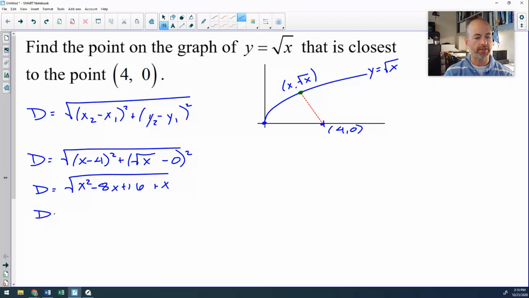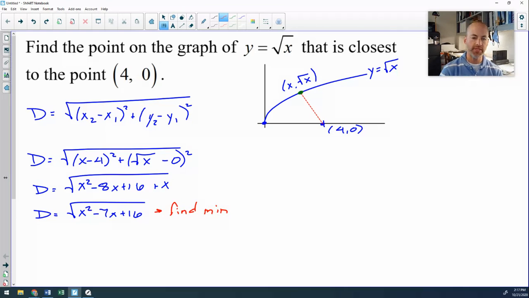And so finally, I have a cleaned up distance formula of the square root of x squared minus 7x plus 16. And so that equation will measure the distance between any point on this graph to the point (4, 0). And I now want to minimize that. I want to find the minimum. What makes that as small as possible?